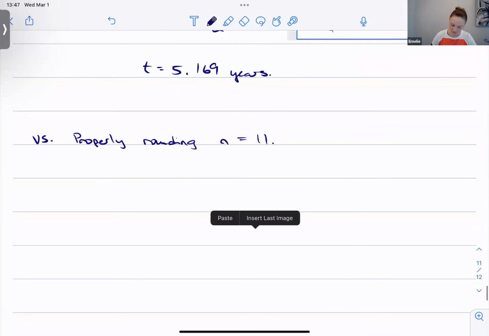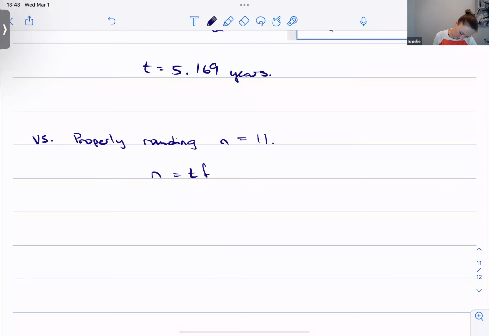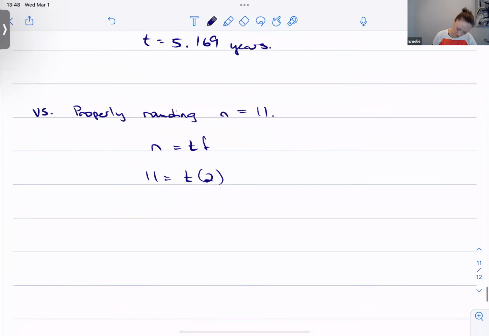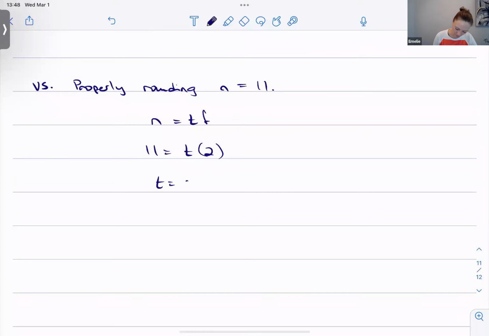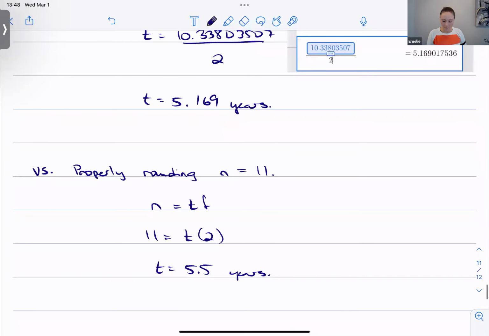Then what happens? n is the time times the frequency, so 11 is the time times 2. So t would be 5.5 years. There's quite a large difference here, because before we just said I'm going to do 0.338 of a compounding. That can't be, so it should be 5.5.